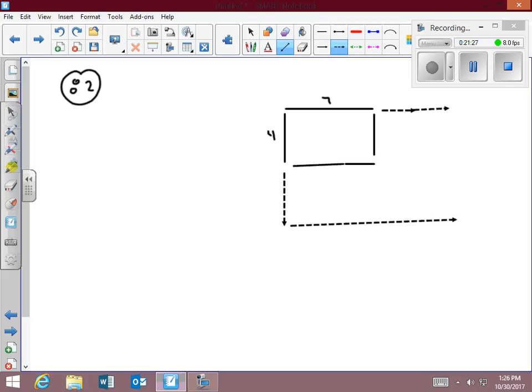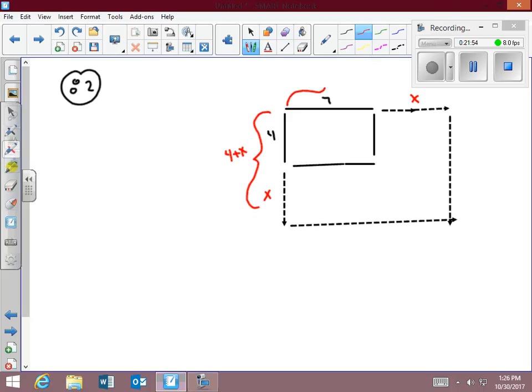So then the resulting rectangle looks like that. I'm going to say this one's increased by x amount and this is increased by x. So the distance from here down to here is 4 plus x, and the distance from here over to here is 7 plus x.